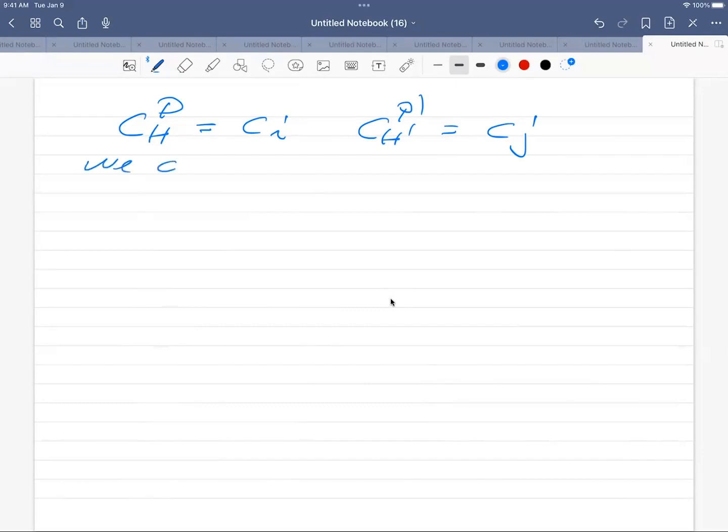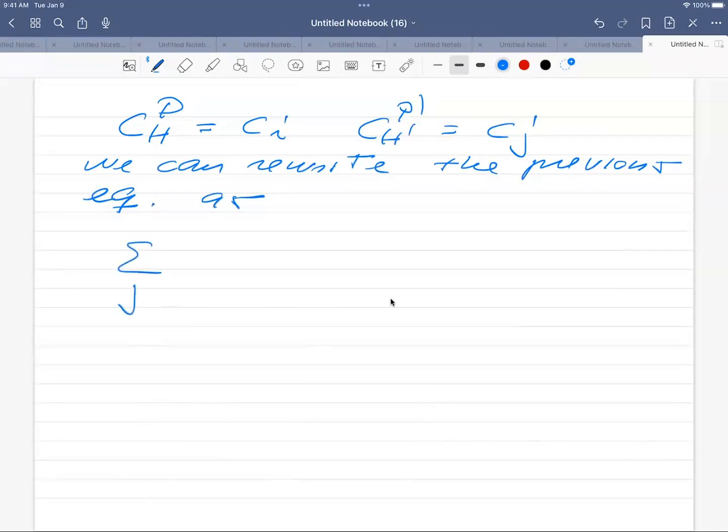You can then rewrite the previous equation as a sum over J instead of P' and H'.